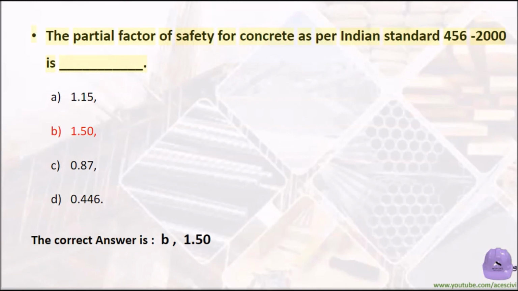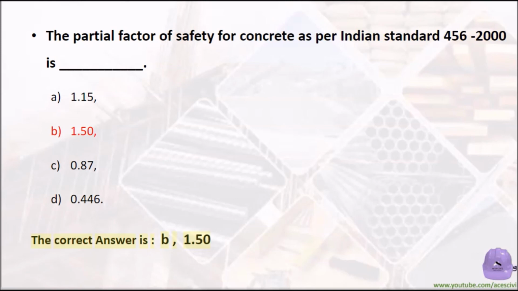The partial factor of safety for concrete as per Indian Standard 456-2000 is: A. 1.15, B. 1.50, C. 0.87, D. 0.446. The correct answer is B. 1.50.